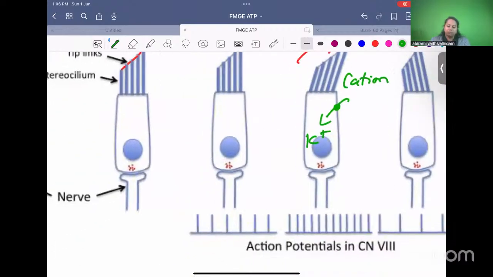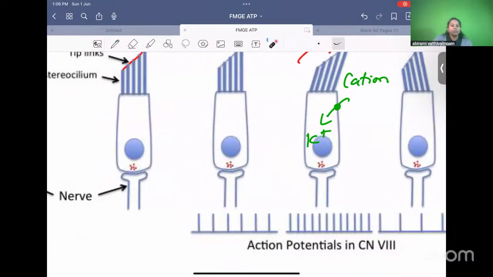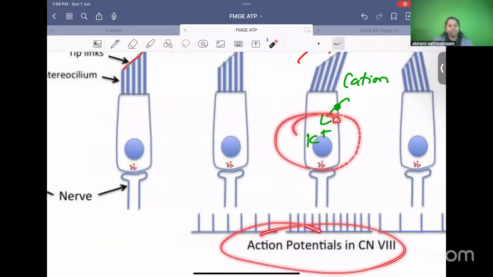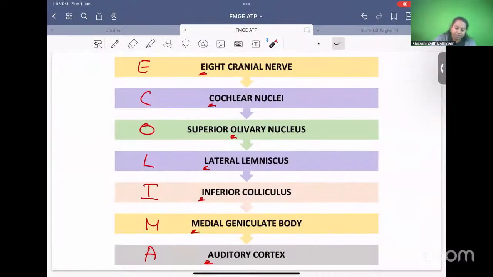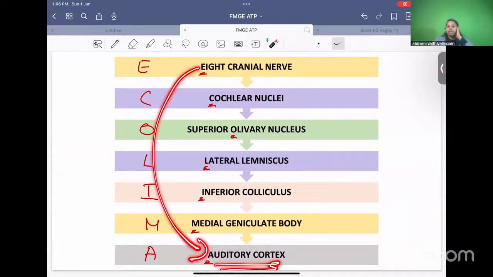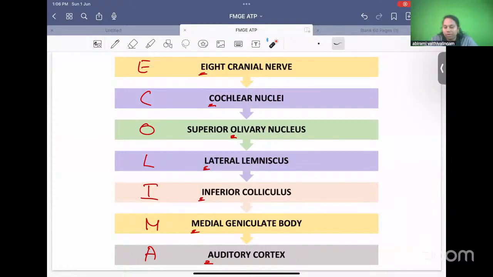So here, potassium enters inside. Whenever any positive charge enters inside, there is depolarization and action potential. This action potential is carried by the 8th cranial nerve, and from the 8th cranial nerve, it is taken to the temporal auditory cortex. This pathway is called ECOLOMA, very important.